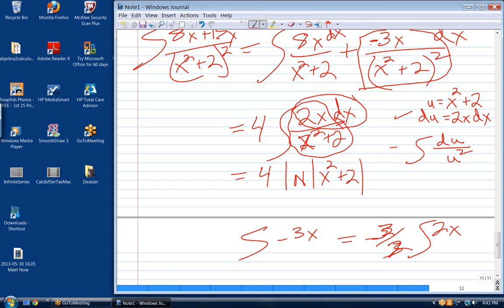In other words, we want to turn this minus 3x into a plus 2x, and I can do that by factoring out minus 3/2 from inside the integral into this. Notice that if I put it back in, it changes that back to the minus 3x.